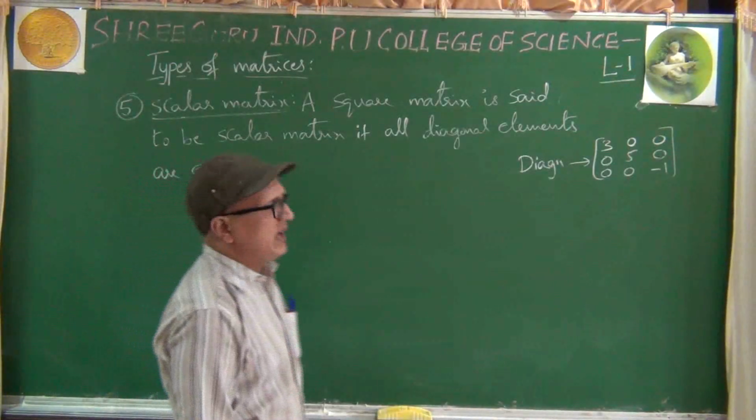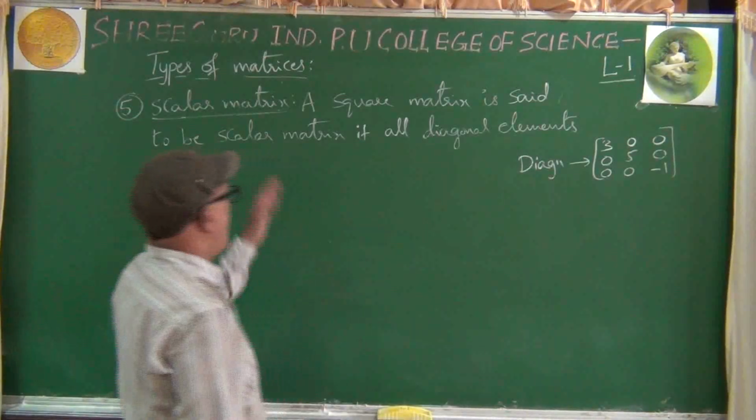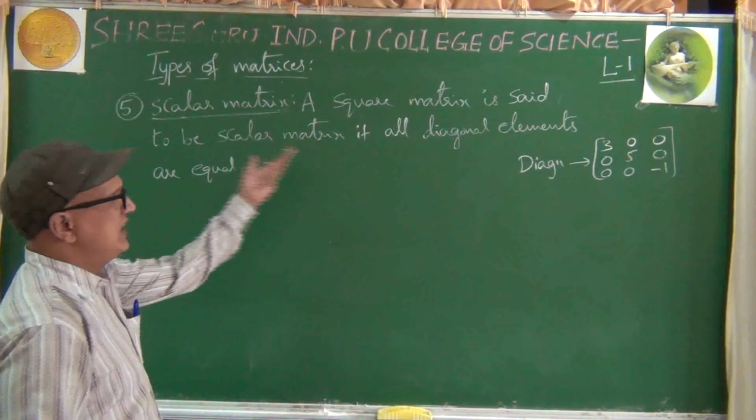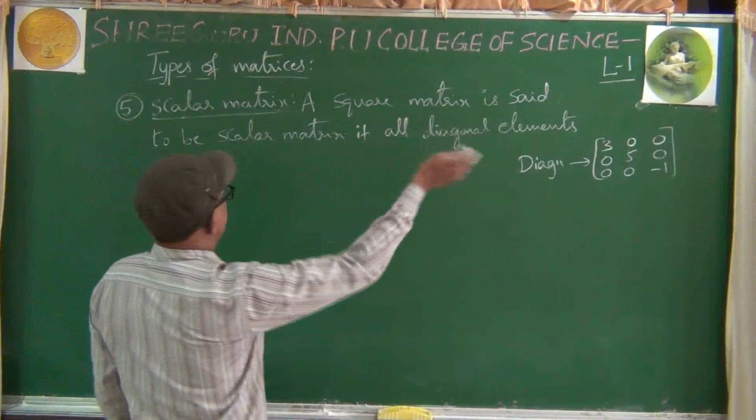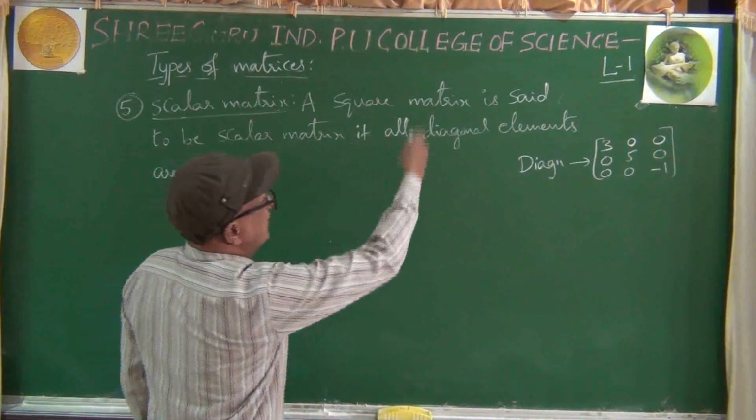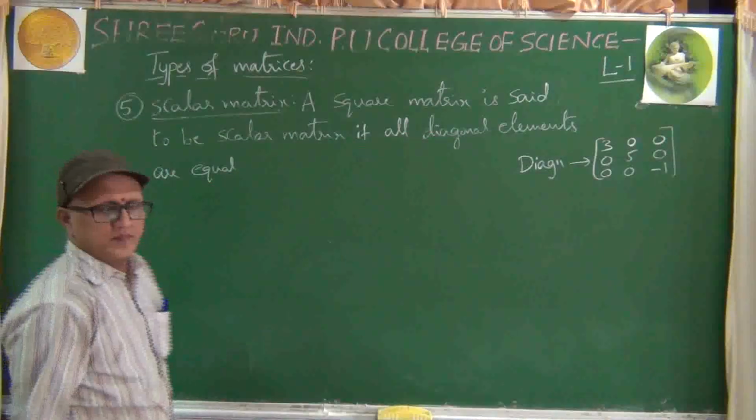Equal means all should not be equal to 1. Okay, all diagonal elements are equal. Then it is called, a square matrix is said to be a scalar matrix if all diagonal elements are equal.